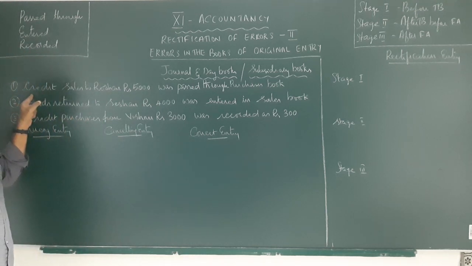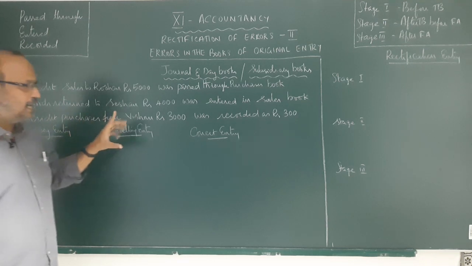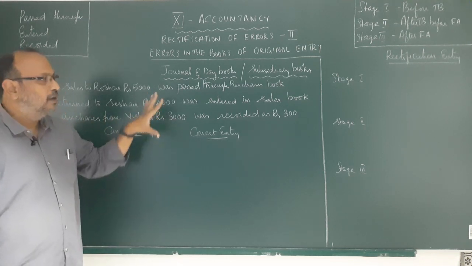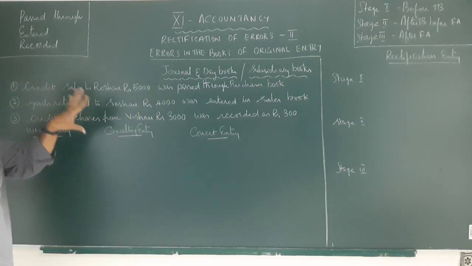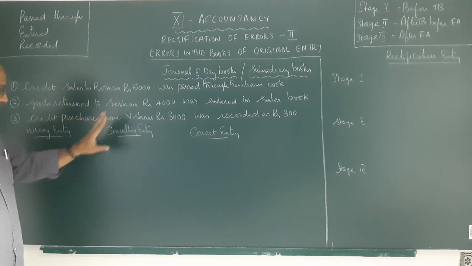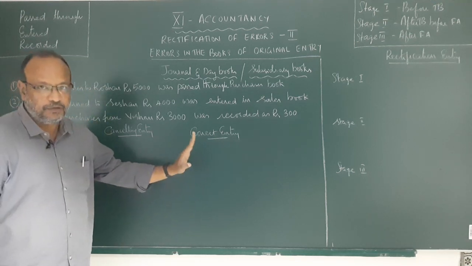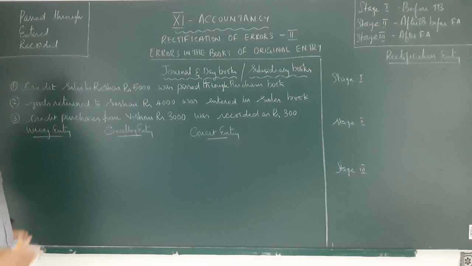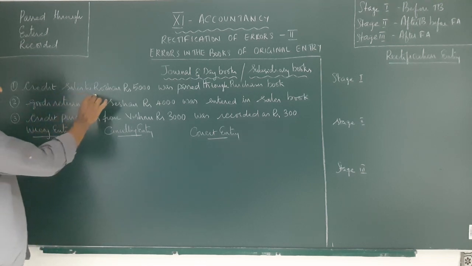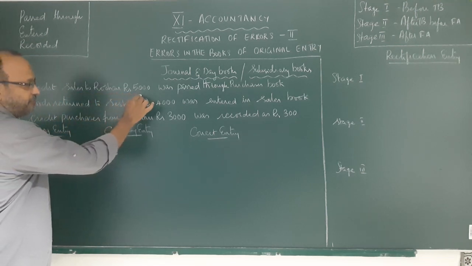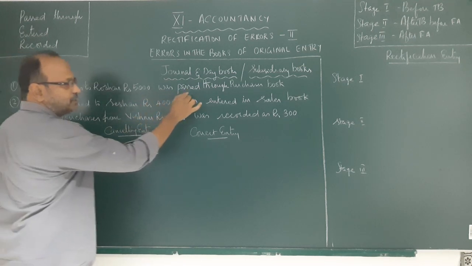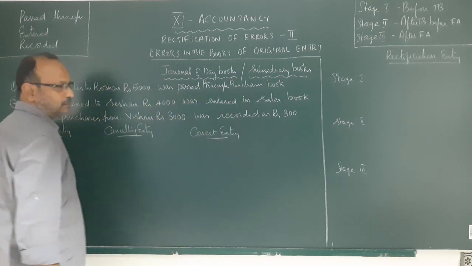Number one, we have got three errors here. Every error has happened in the books of original entry, and let us try to rectify these errors in this three-step model. Number one, credit sales to Roshan rupees 5,000 was passed through purchases book.